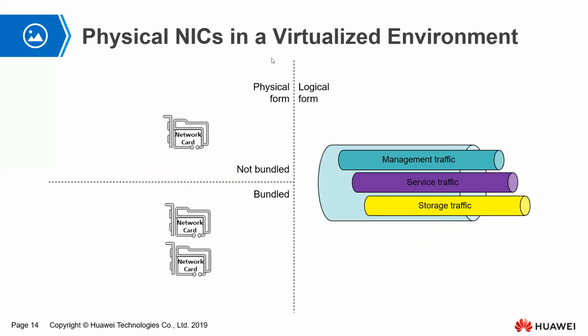So, physical NICs in a virtualized environment. A physical server, like we said, uses its own physical NIC to connect to the network, and all virtual machine traffic enters the network through various types of network ports. The physical NIC involves a key concept, which is port link aggregation.